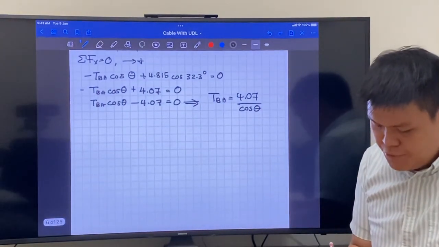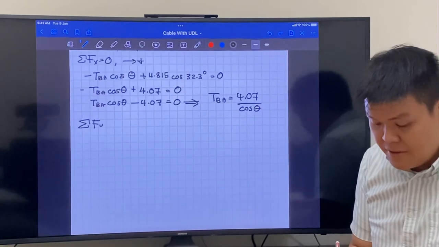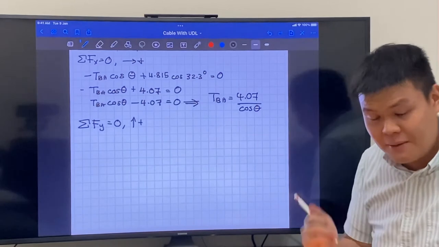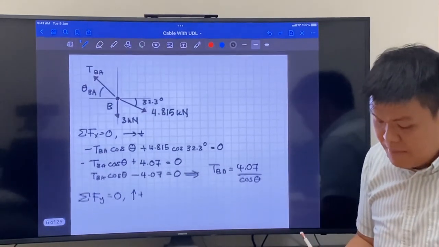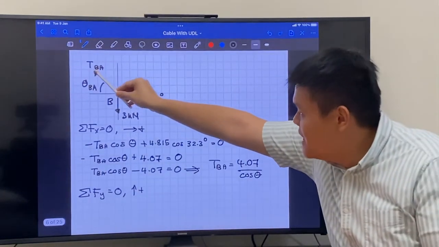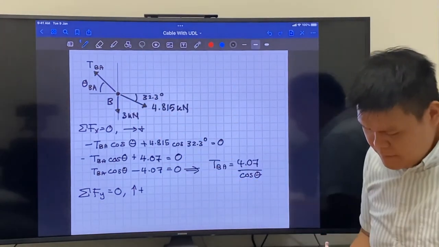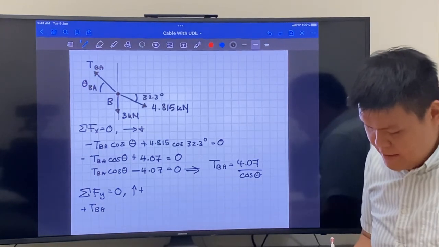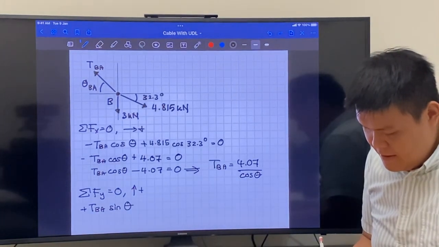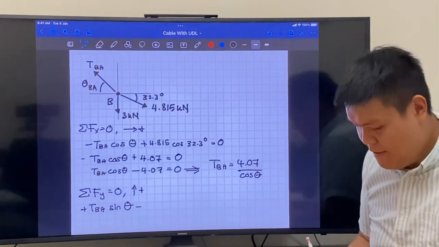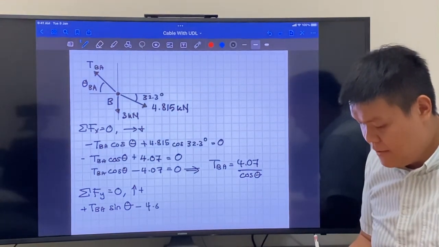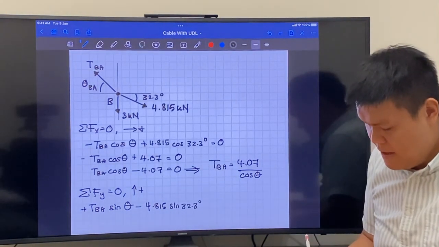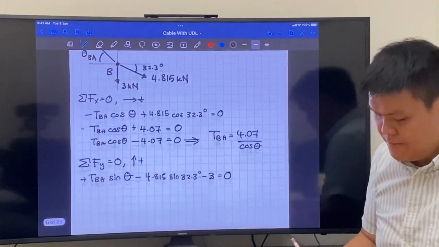Then we do the vertical component. Sum of Fy is 0, where going up is positive. Now looking back at our figure here, TBA sine of theta, we don't need a plus, TBA sine of theta minus 4.815 sine of 32.3 degrees minus 3 equals 0.